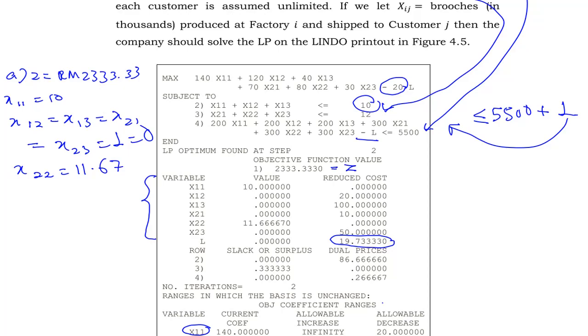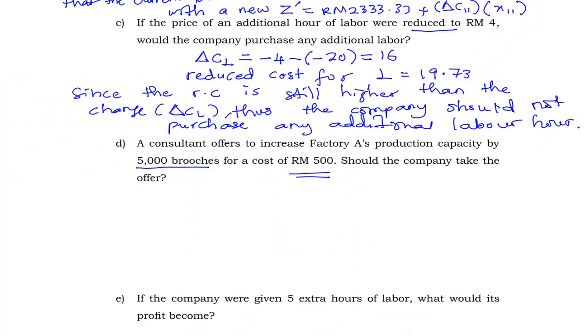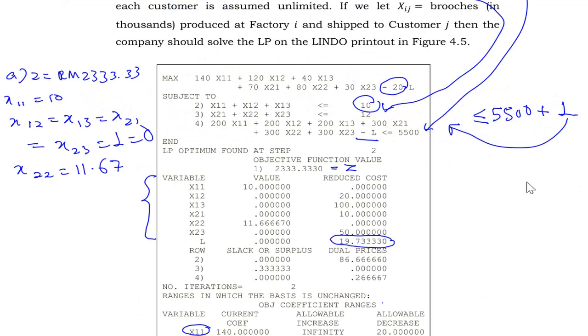Now you have an option to add another 5,000, but you have to pay 500 ringgit for the additional. For this case, we need to look at the dual price for the first constraint. If you add one unit, 1,000 brochures, it will increase the Z value by 86.6667.